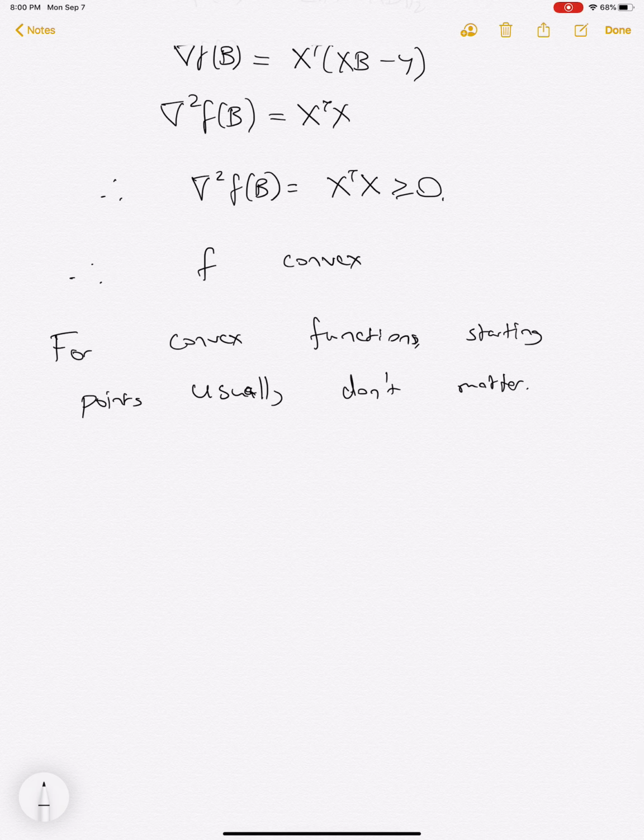If you're interested in this a little bit more, convex functions basically look something like a quadratic: they just go down and go up, and you can see there's a unique minimizer here.